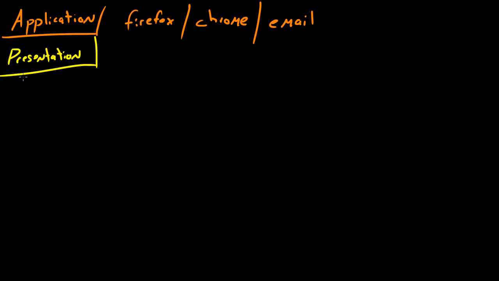The presentation layer. Now this is the layer that your operating system works on. Now what this does is it basically converts text that the user can understand, like letters and numbers. Because of course, whenever you type something into your email, you're typing just basic letters and numbers, a language that you can understand.